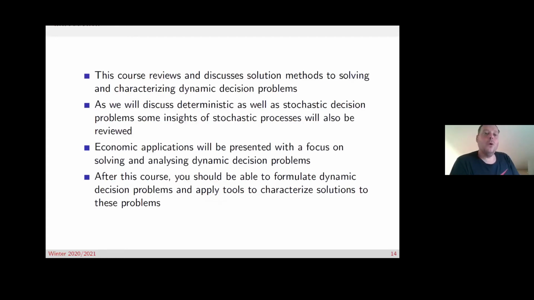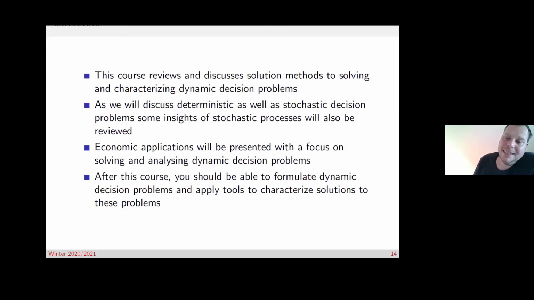Okay, and what we will do is we will try to review and discuss different solution methods to characterize and solve the dynamic problems. And at the end of the day, the take-home knowledge that you should have is that you are able to identify dynamic decision problems and structure them and write them down.